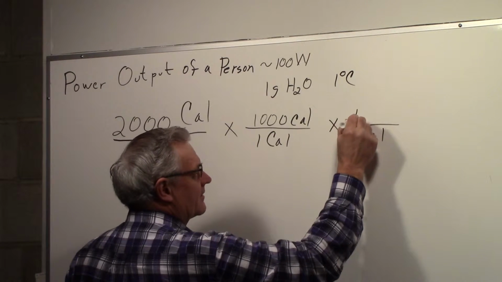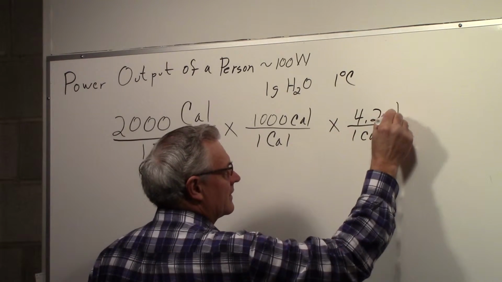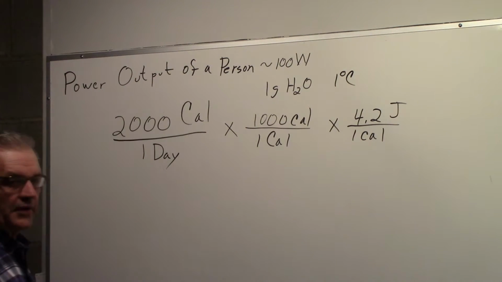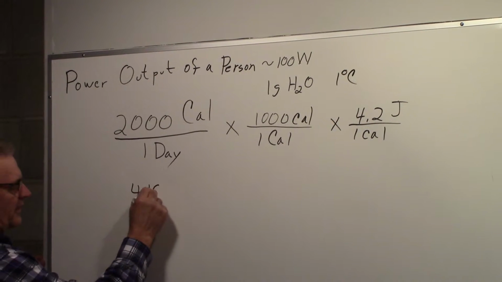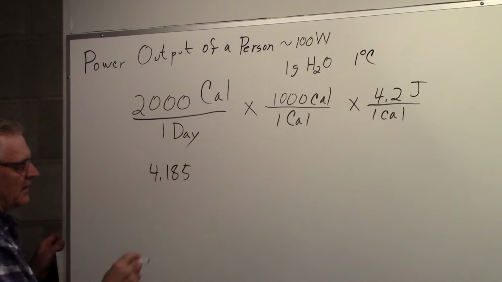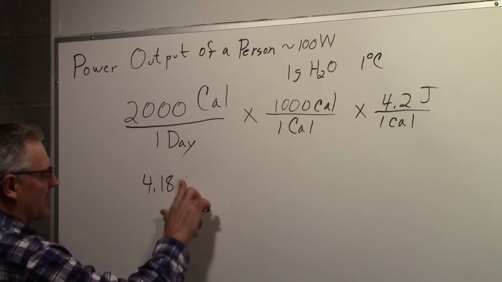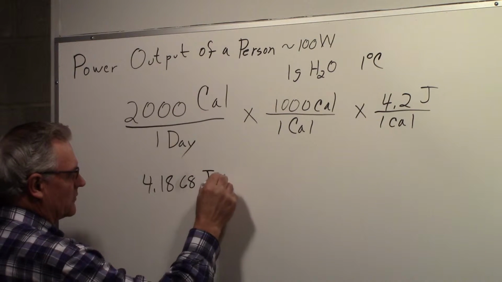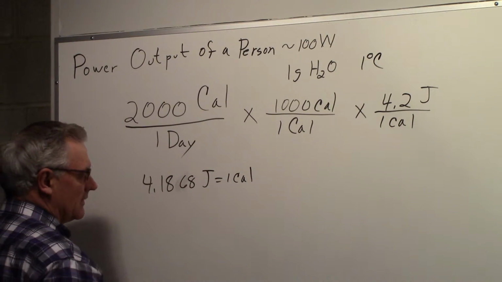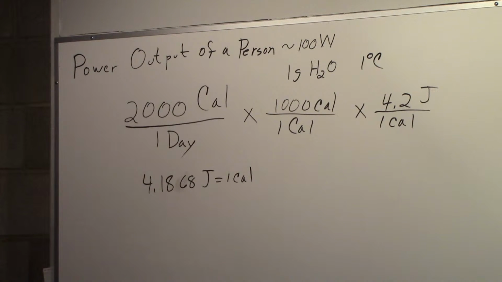So I just like to round it out to 2 digits and say 1 calorie is equal to 4.2 joules. One of the more accurate numbers you'll see is something like 4.1868 joules equals 1 calorie. But we'll just round that out to 4.2.